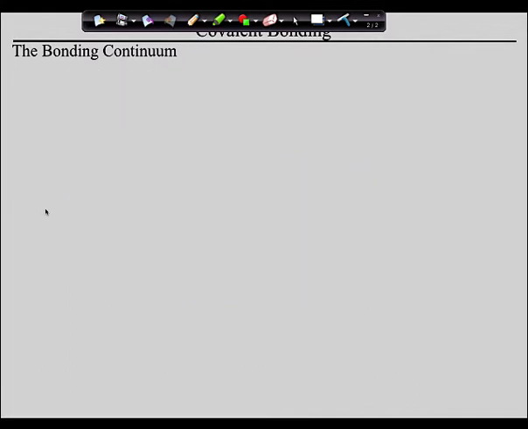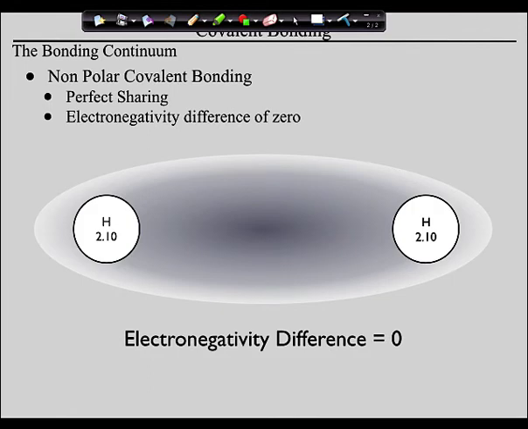So then we talk about covalent bonding. When we talk about nonpolar covalent bonding, we have a case where we have perfect sharing. In order for the electrons to be shared perfectly, in order for this region of increased electron density to be completely symmetrical, the nuclei have got to have the same strength.